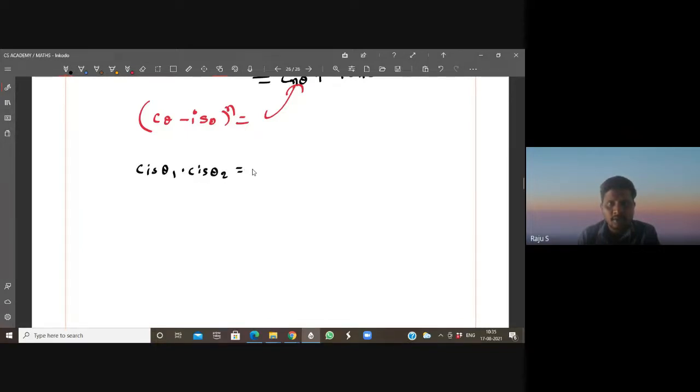Shall I write cis theta 1 plus theta 2? Yes, cis theta 1 by cis theta 2. Shall I write cis theta 1 minus theta 2? Okay, right. So you have to remember these properties.